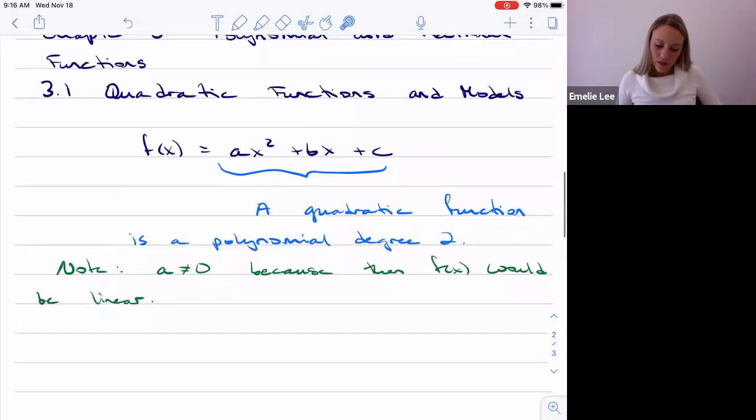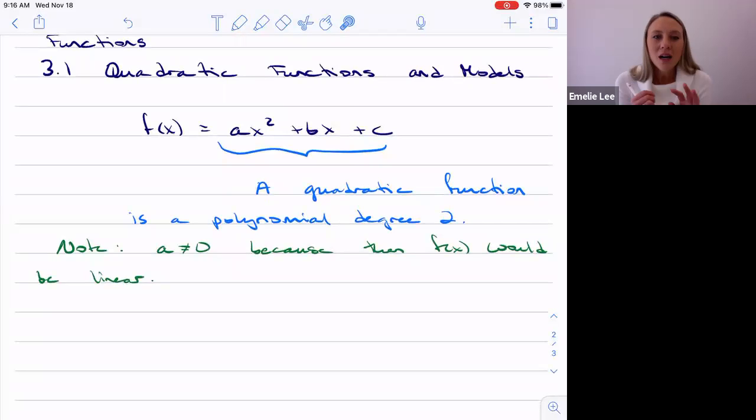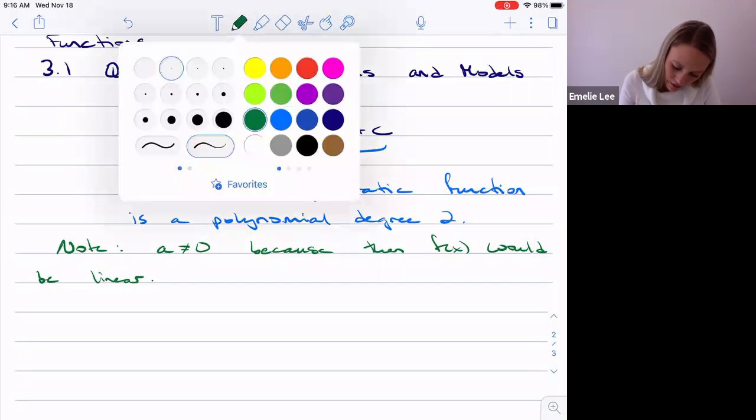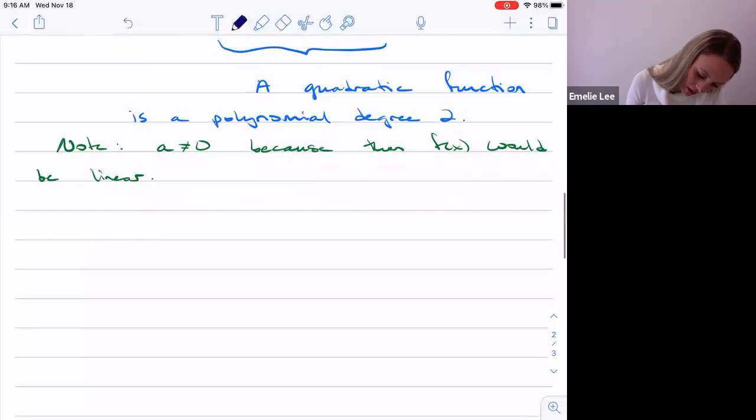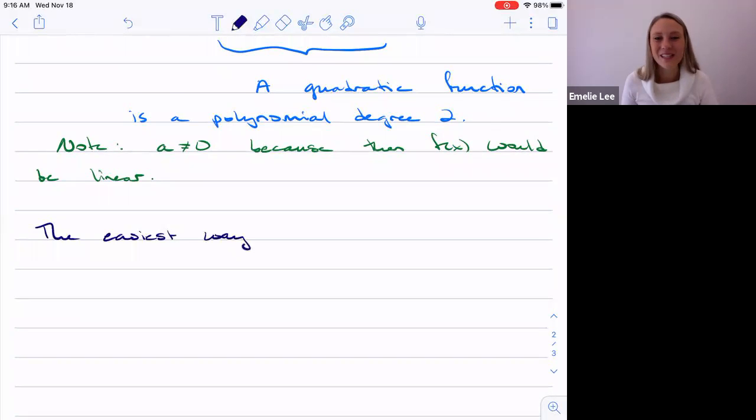Okay, so the easiest way to graph quadratic functions is to put it into what we call standard form. Well, I guess the easiest way is to graph it in Desmos, which I'll show you how to do.